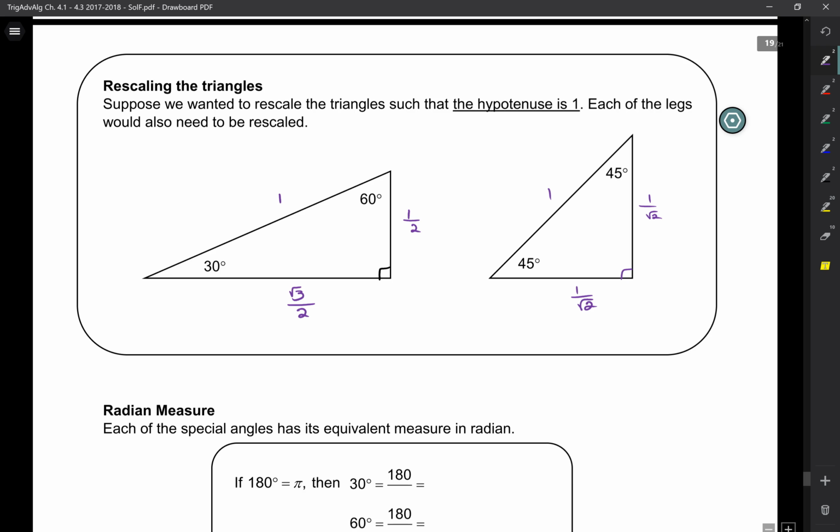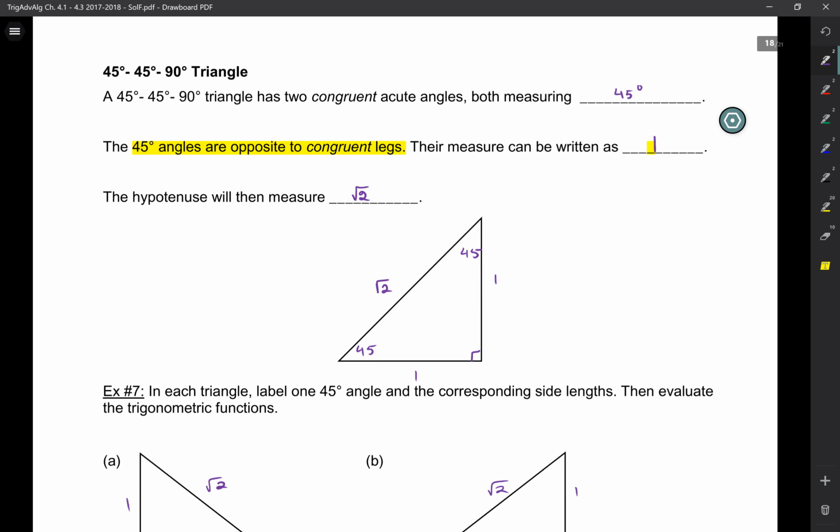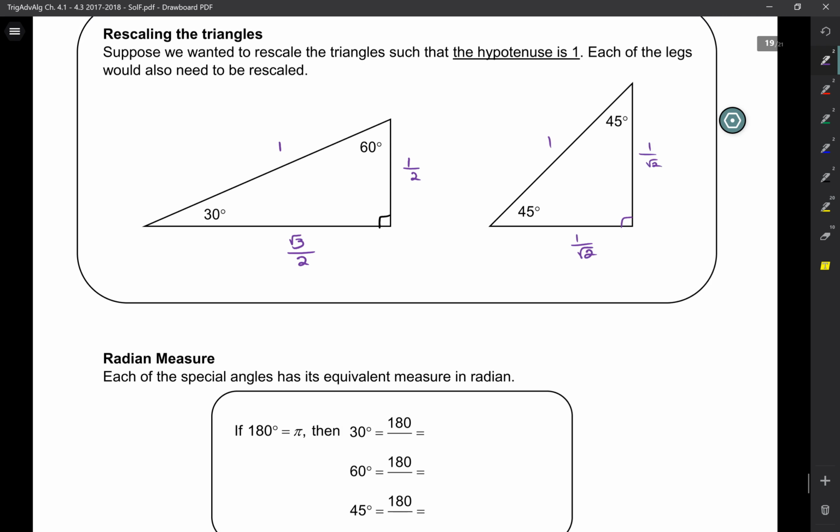So from now on, these are what we're going to use, not those other ones. These ones with the hypotenuse of root 2 and 2, those are dead to us now. The only ones we're going to use are these.